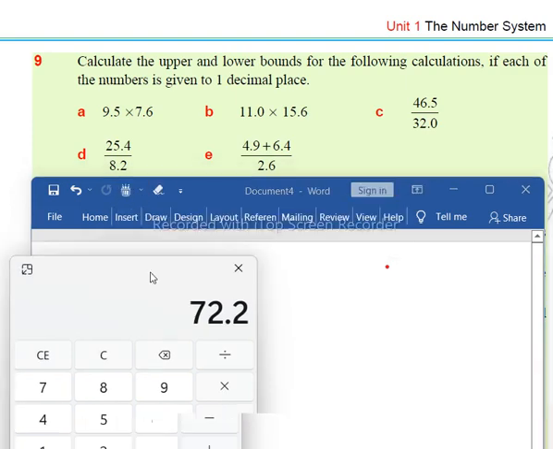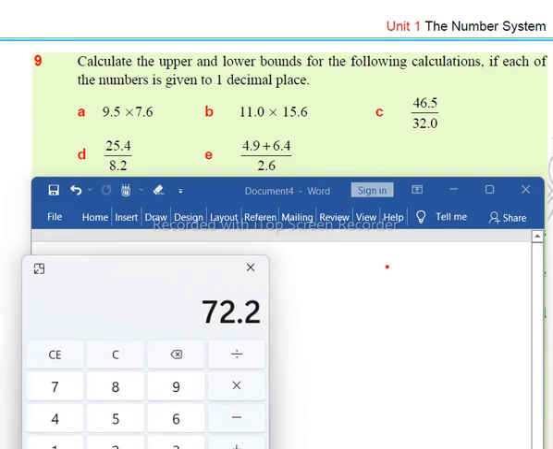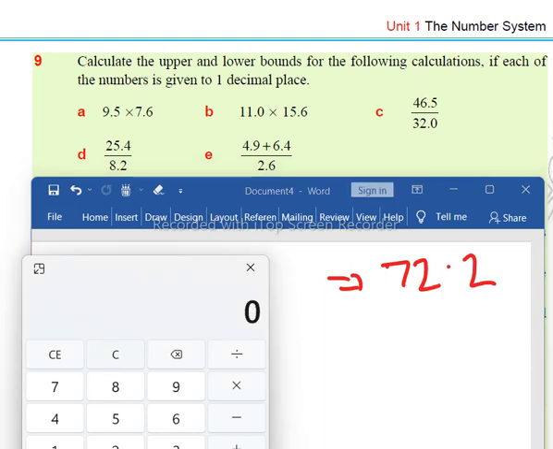Let us write this as our normal number: 72.2, after multiplication. Let us multiply with the upper bound. The upper bound of 9.5 is 9.55, times the upper bound of 7.6, which is 7.65.